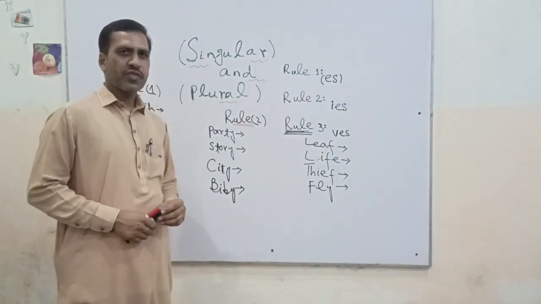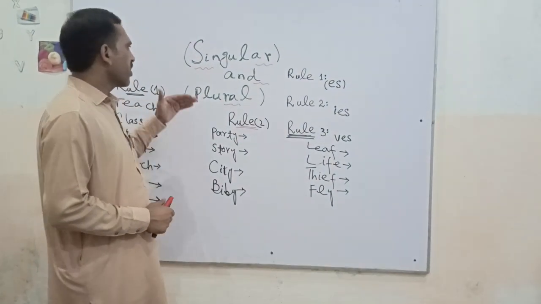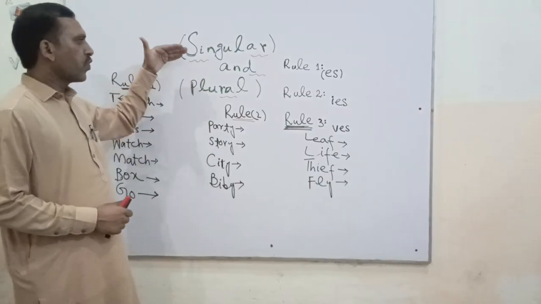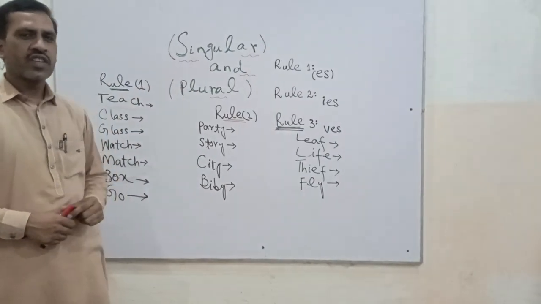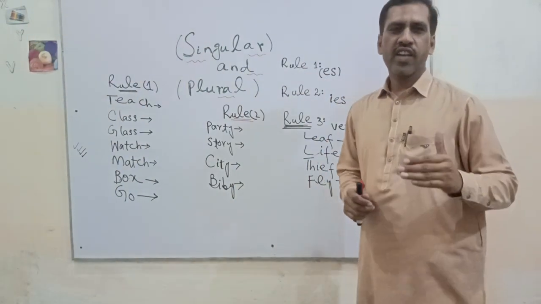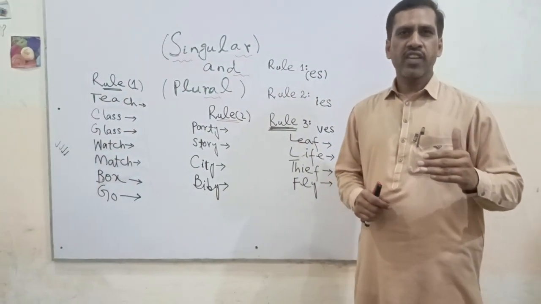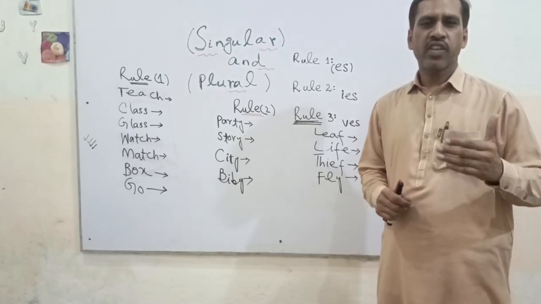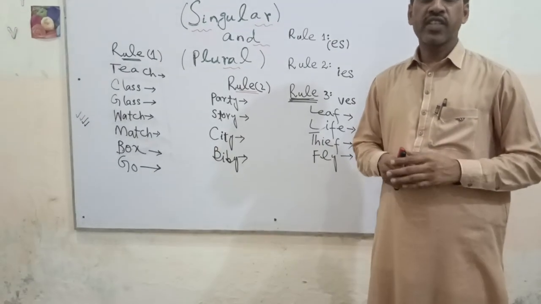In this class, we are going to learn some rules on how to make plurals from singulars. Generally, we see that we add or write s to make plural from singular. Let's see some examples.